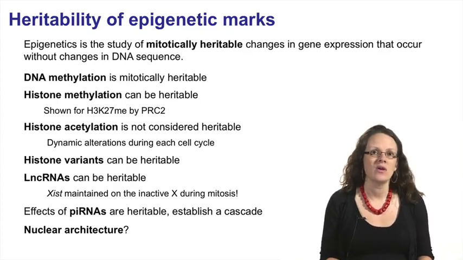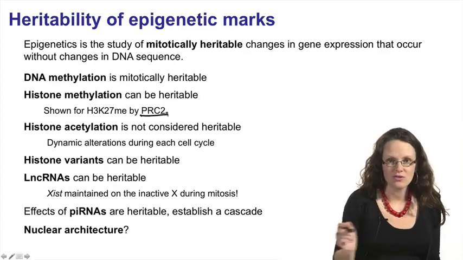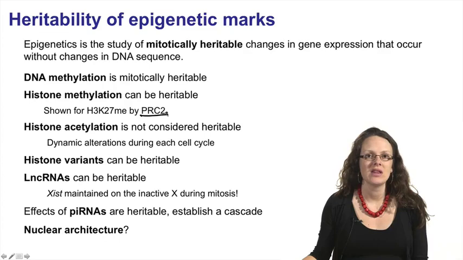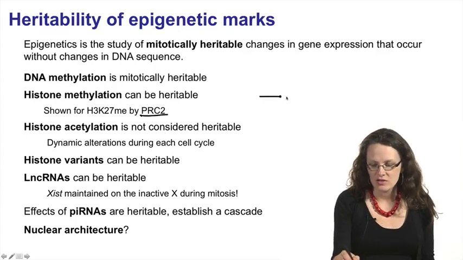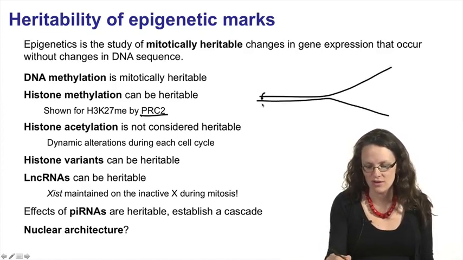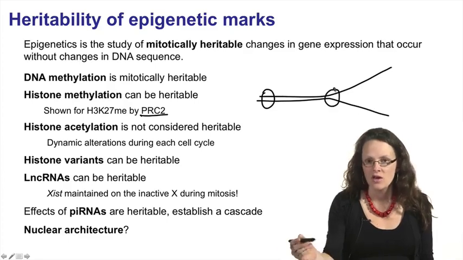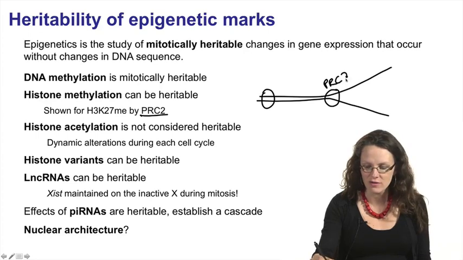Histone methylation, we know a little bit about how it can be mitotically heritable, predominantly through the study of polycomb repressive complex 2, which lays down histone methylation at histone 3 lysine 27. We know this because if you consider strands of DNA when they're being replicated and the nucleosomes which are found on the DNA, we know that PRC2 can sit at the replication fork itself.